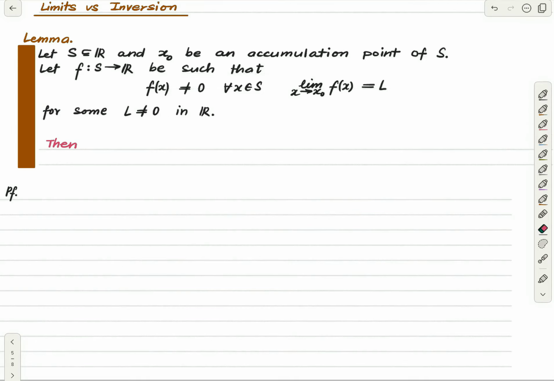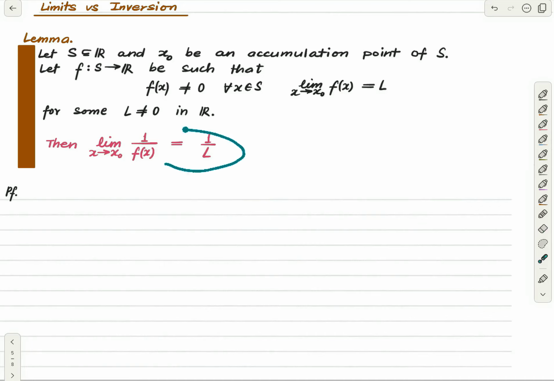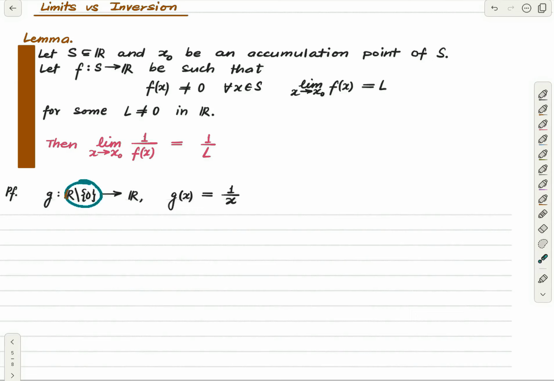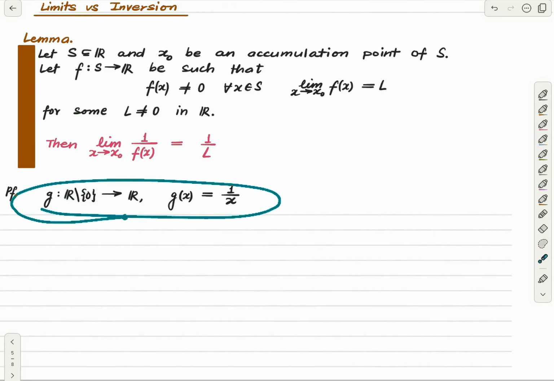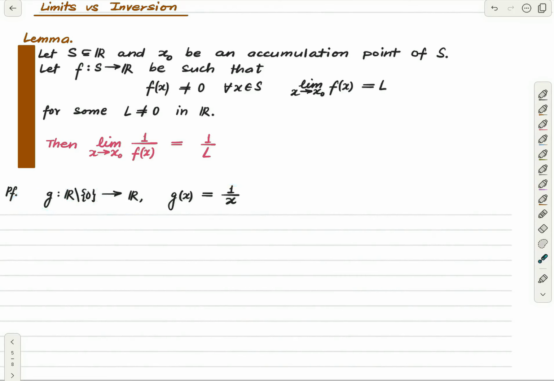Then the limit of the inverted thing, 1 upon f, is the inverted limit, 1 upon L. And all of these things are meaningful. f is never zero, so we can write this. And L is also non-zero, so we can write that. And what is the proof of it? Just use the previous proposition with g as 1 upon y. So this is T in the previous proposition, and apply the previous proposition. Immediately you'll get this. So I'll not write the details.